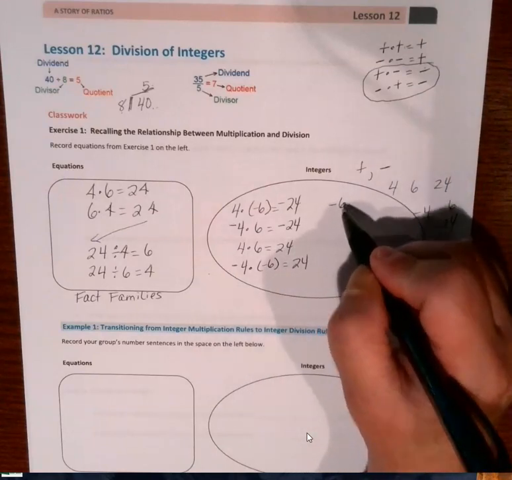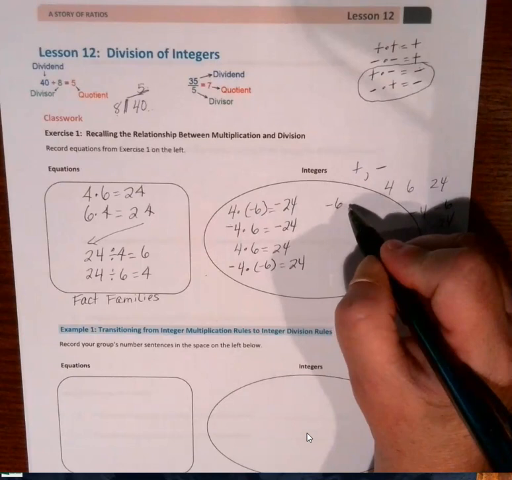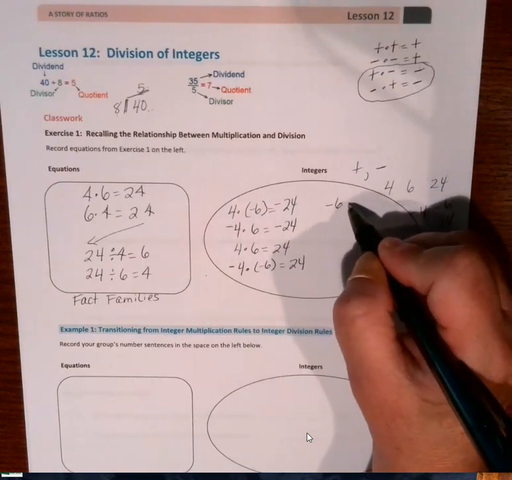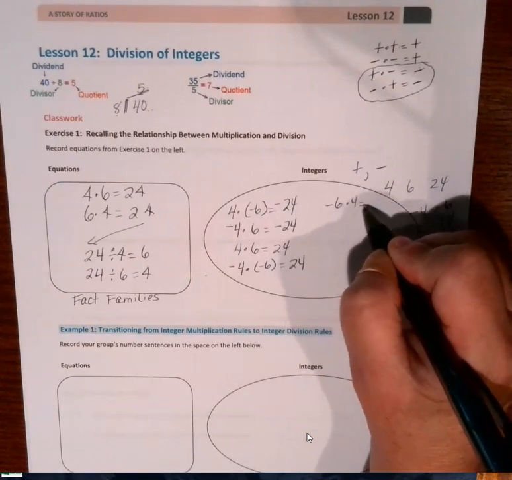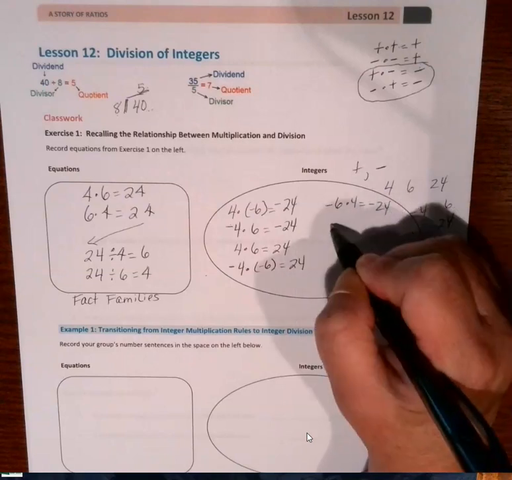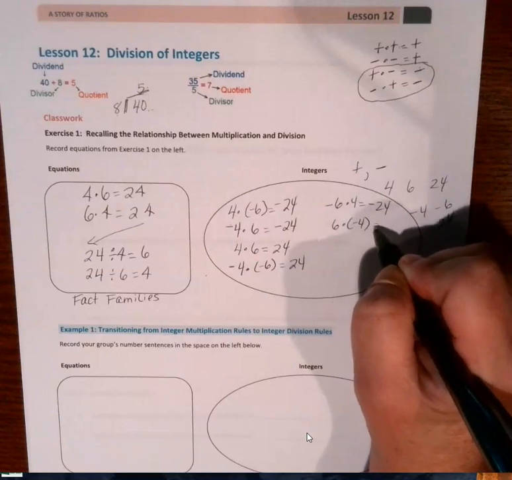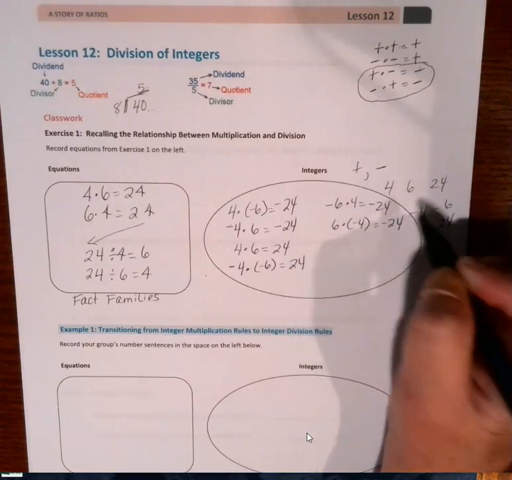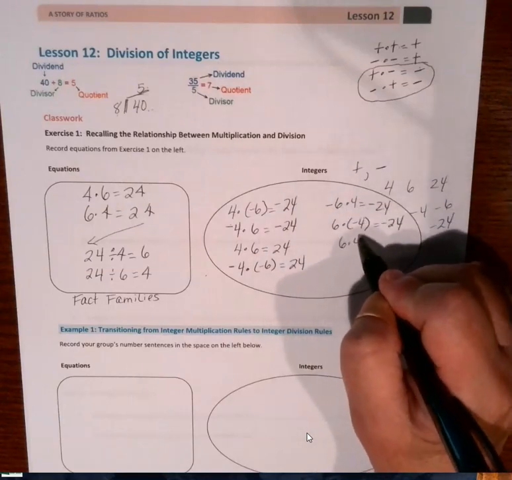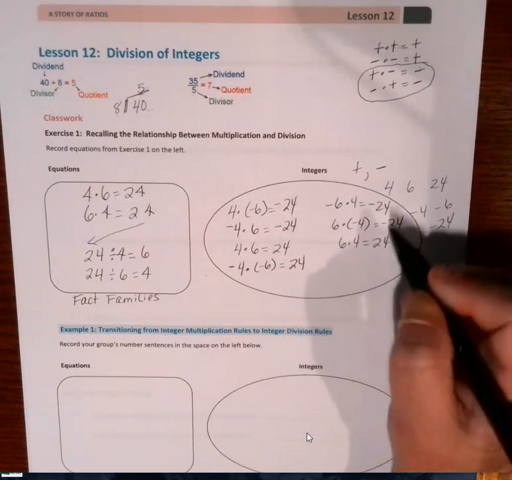Well, let's rearrange our multipliers. Negative 6 times 4 is equal to negative 24. 6 times negative 4 is equal to negative 24. 6 times 4 equals 24.